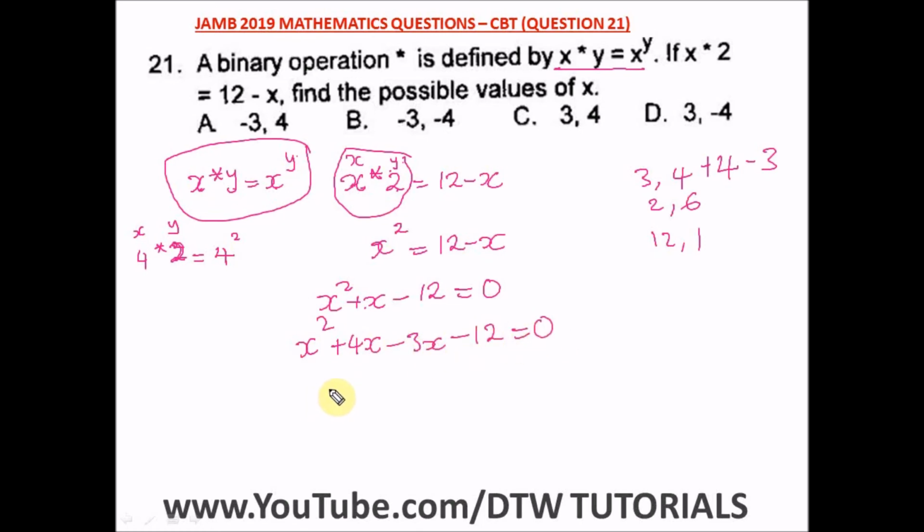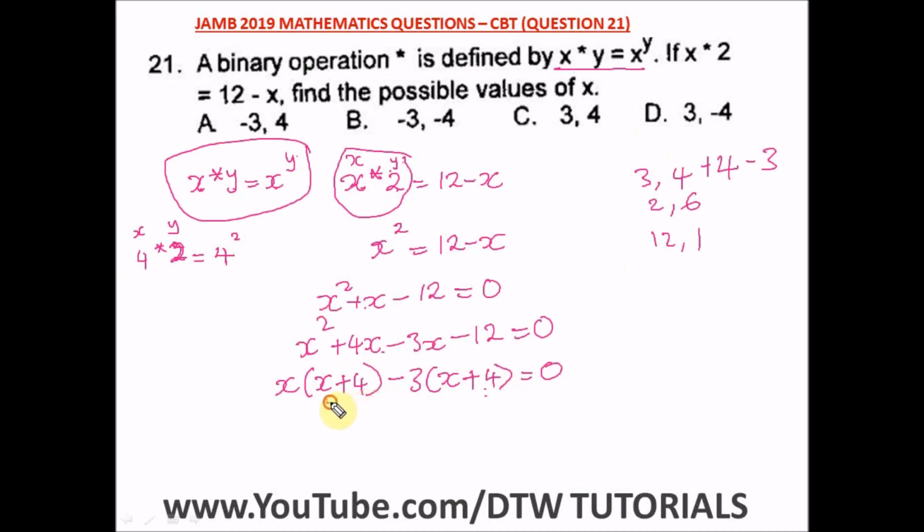Let us bring out what's common. x is common from this and this, so we have x bracket x plus 4. Minus what's common to here and here, we have 3 bracket x, and this changes to a positive sign plus 4. 3 in 12 will go 4 times. Then close the bracket, equal to 0.